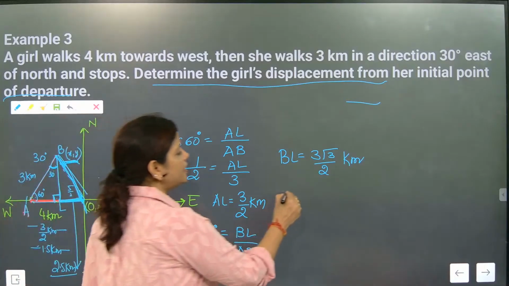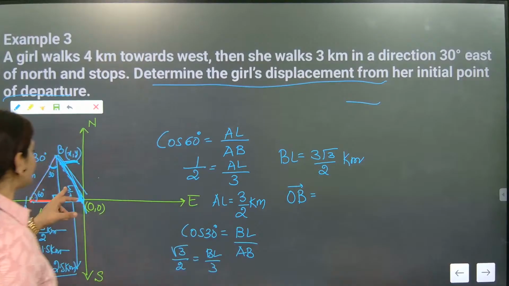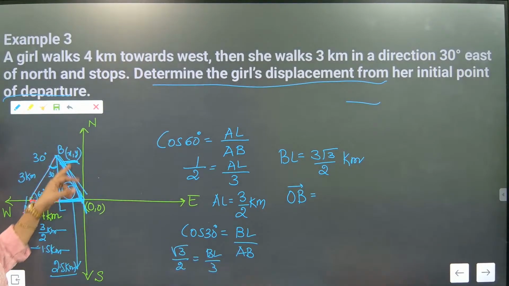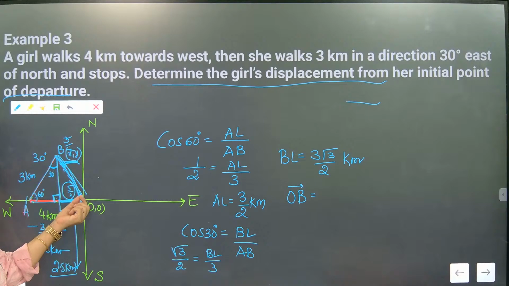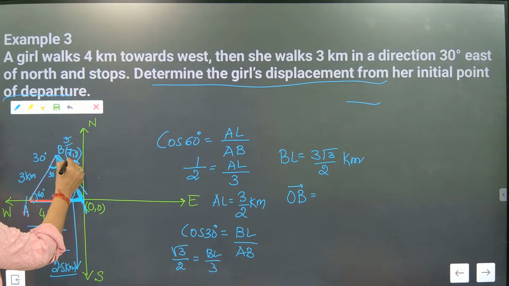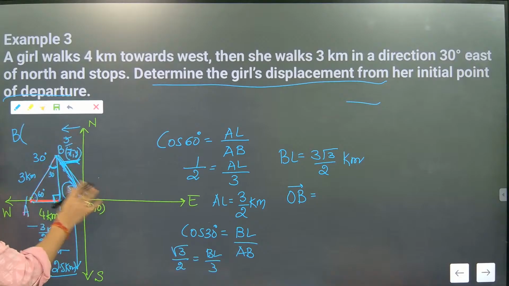How will the OB vector be written, beta? OB vector will be x. What is the x value? What you have written, the x value is 5 by 2. But beta, in which direction is it, left or right? Left. So will it be plus or minus? Minus.